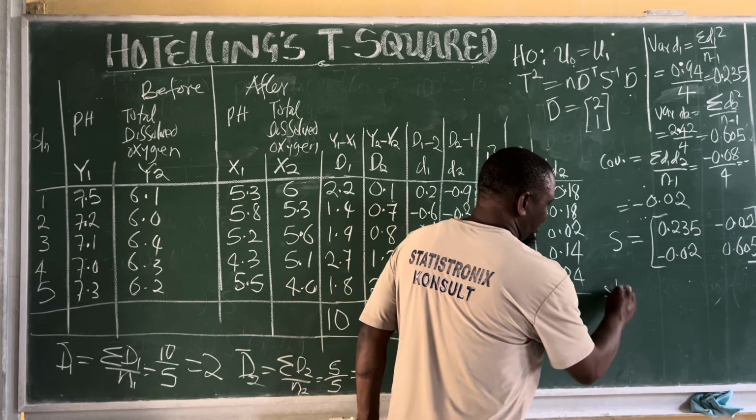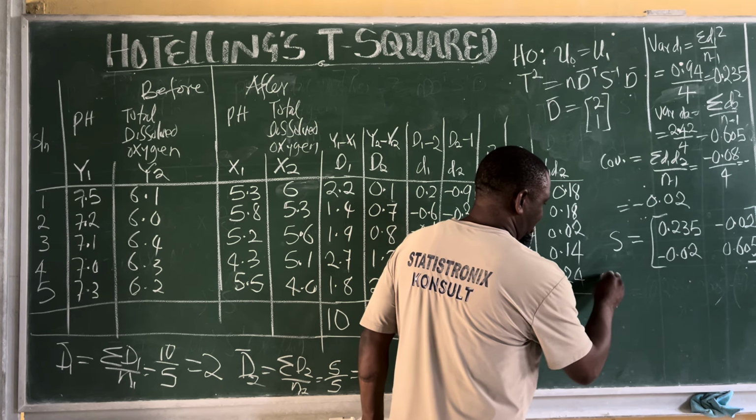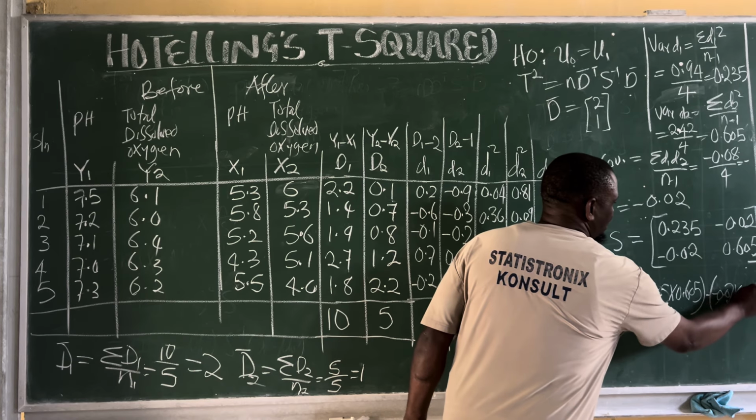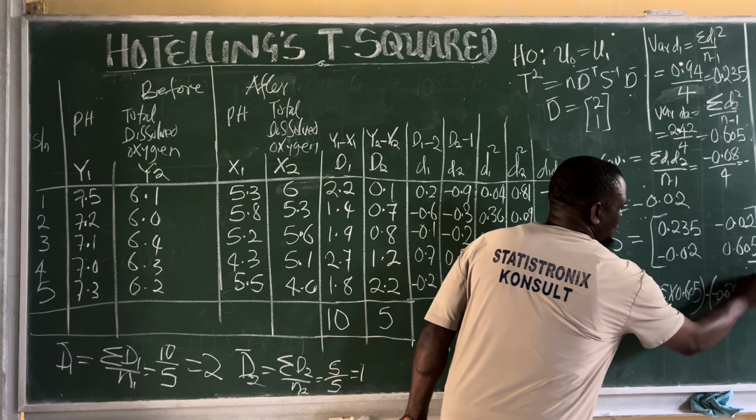the determinant of this S will be equal to, we have 0.235 times 0.605 minus 0.02 times minus 0.02.